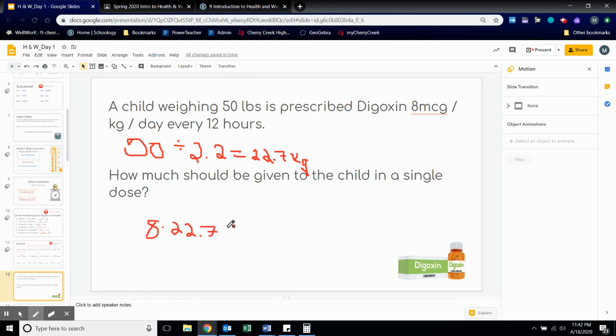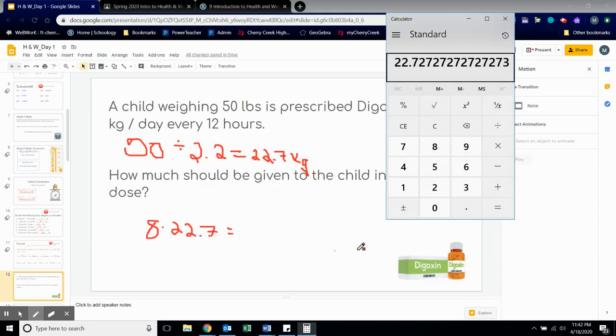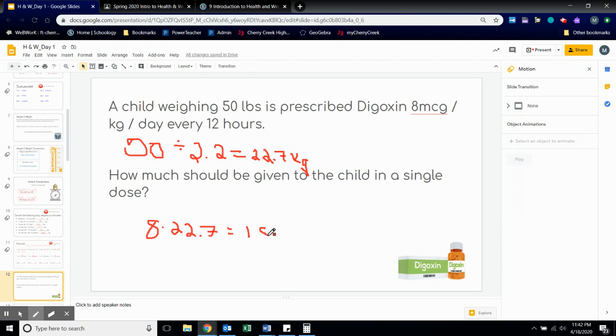So let's figure out how many micrograms they're taking a day. That 22.7, they're taking 8 micrograms. 181.6 micrograms, mcgs, per day.